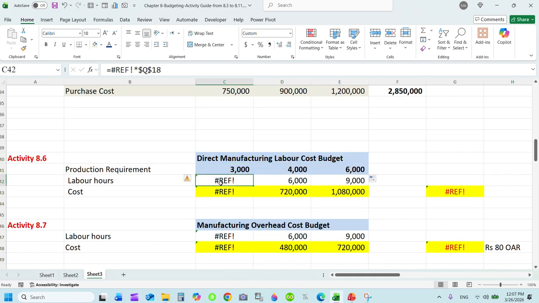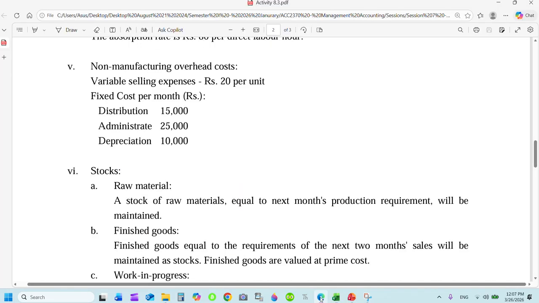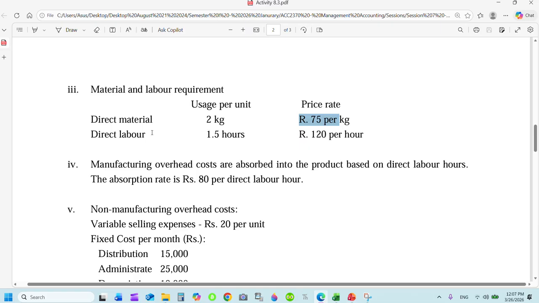Then labor hours. Let's go and check the labor hour requirement. You can see direct labor hour per unit is 1.5 hours required and labor cost is 120.